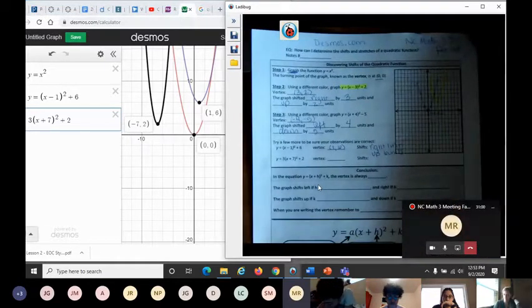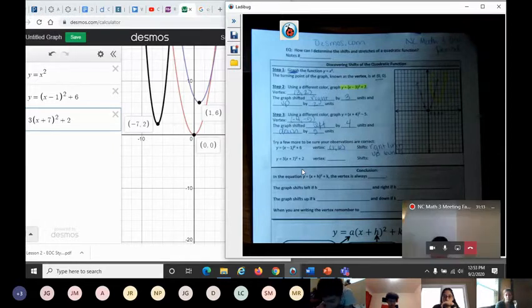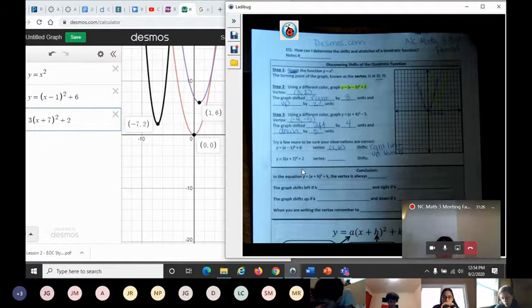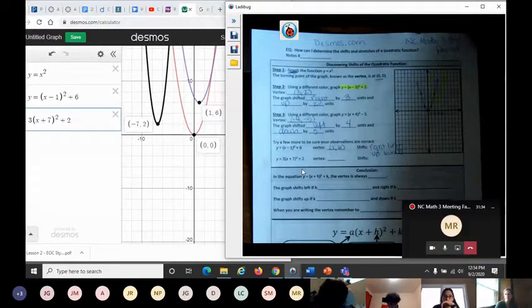Yeah, of course. Okay, so do you have the vertex? The minimum point on that function?